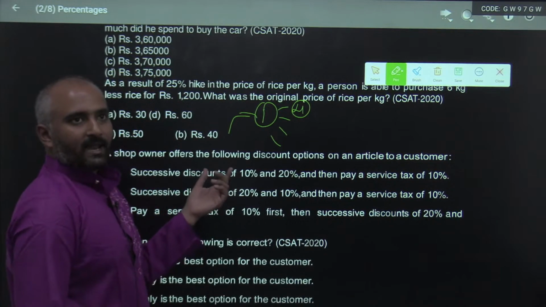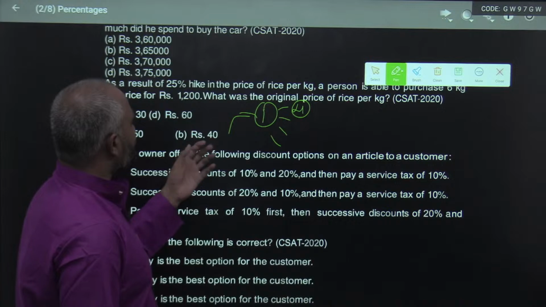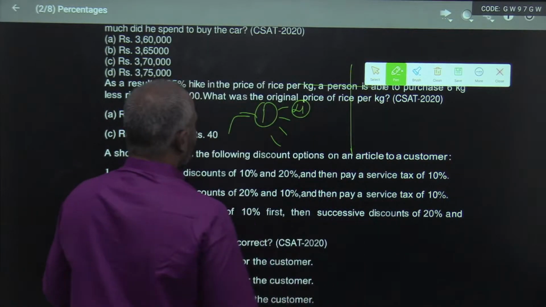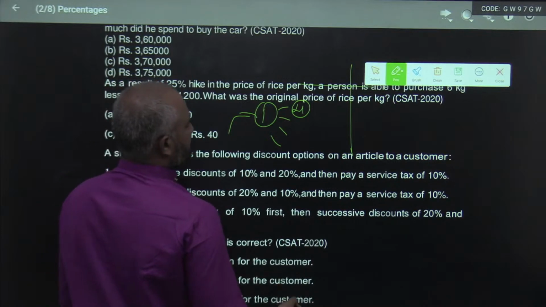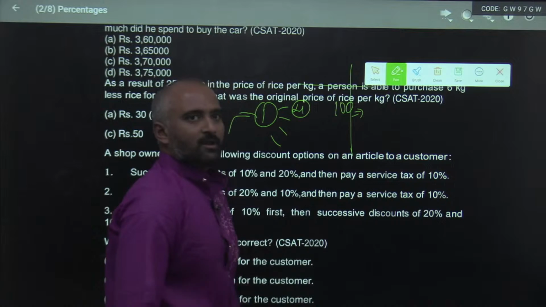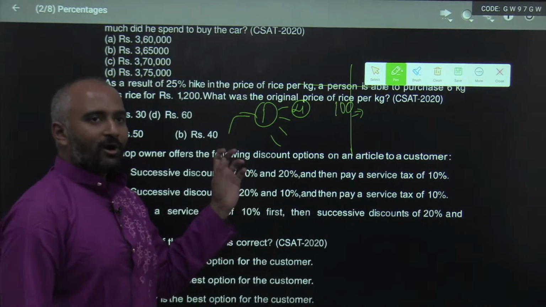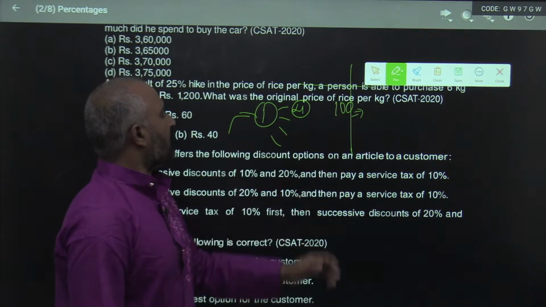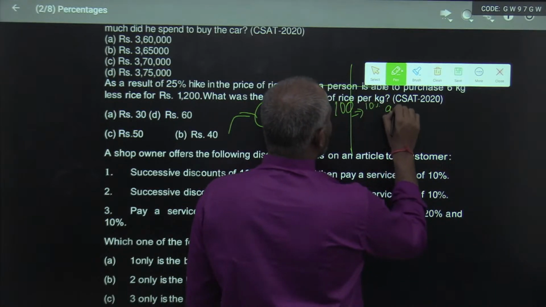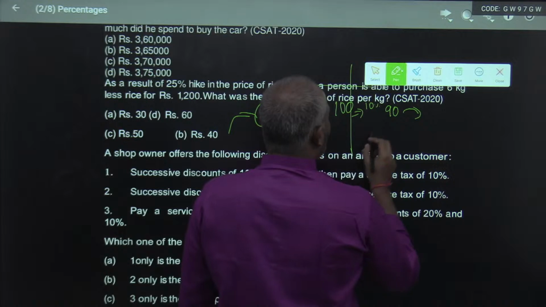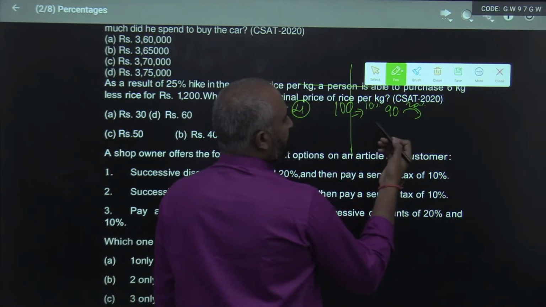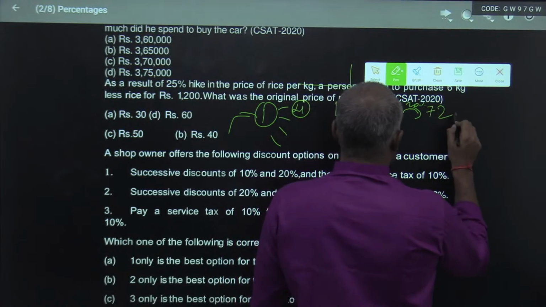Suppose you assume the value as 100. Many people, if they do not apply their brain, would do it like this: 100, 10% decrease, that becomes 90, and then 20% decrease, 9, 18, so 72.